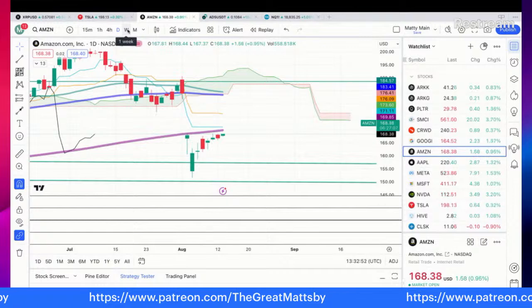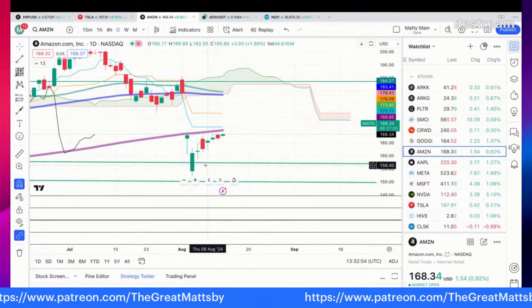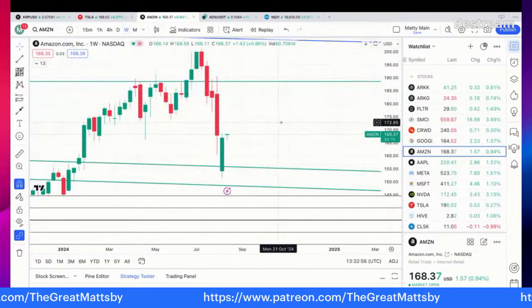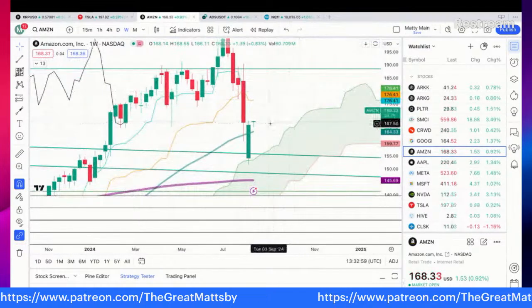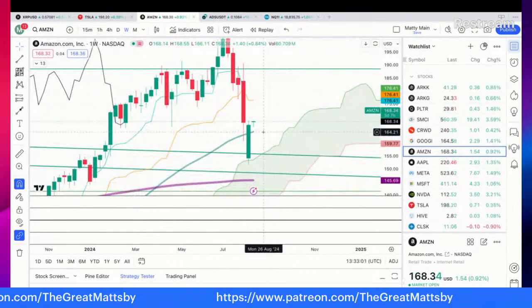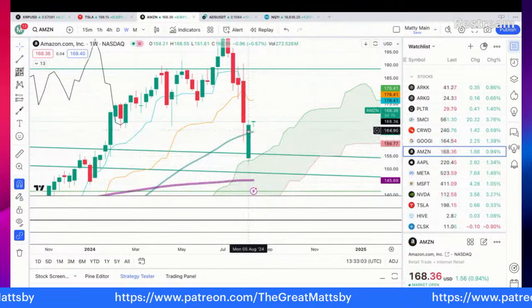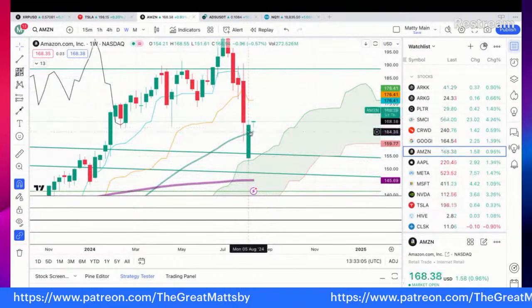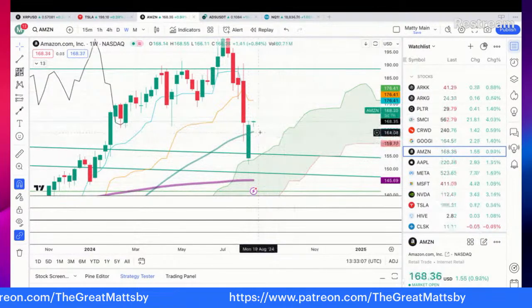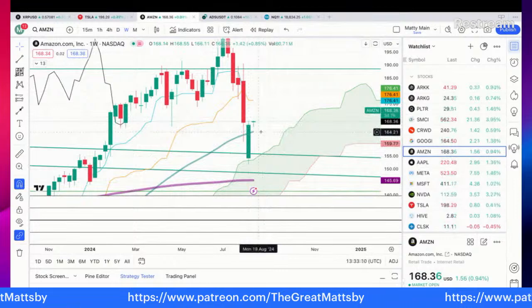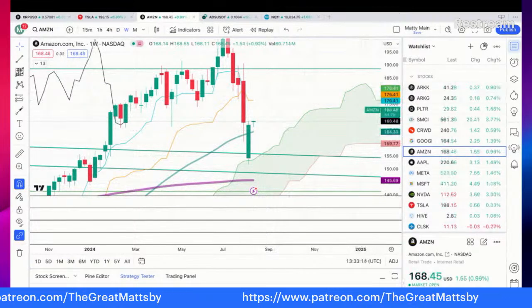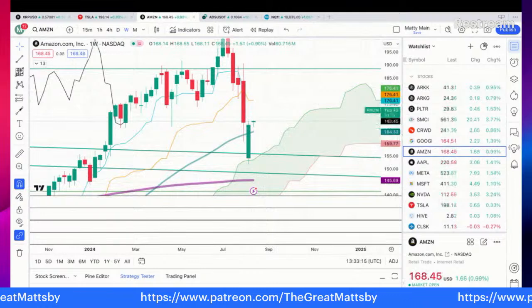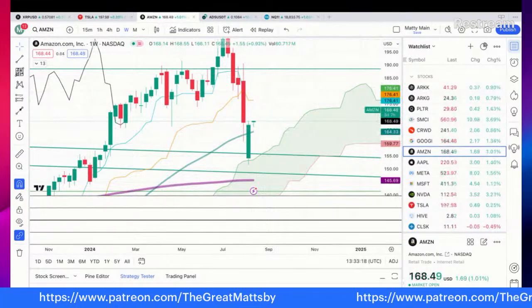So that could be a good exit. The entry would have been way down here, right? But on a weekly basis, a new entry would probably be around 164 because it's back above the 50-week moving average. So coming back down to the 164 zone would be a good entry right there. And yeah, no problem, Zara, for the Palantir chart.